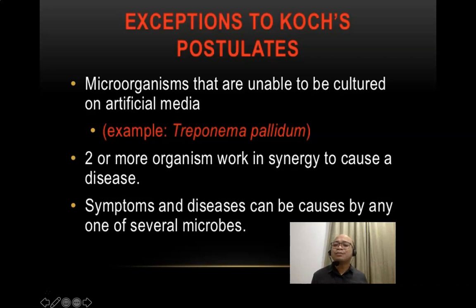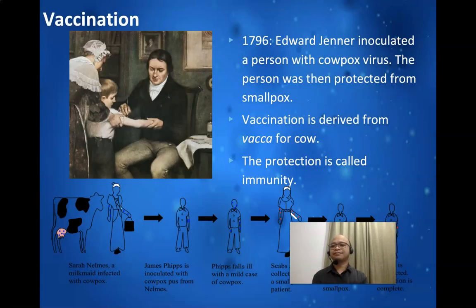Then there could also be 2 or more organisms that work in synergy to cause a disease. So sometimes when you have a disease, this could be caused not just by one organism, but other organisms. And then symptoms and diseases can be caused by any one of several microbes. So diarrhea can be caused not just by one microorganism, for example. So these are exceptions to Koch's postulate.